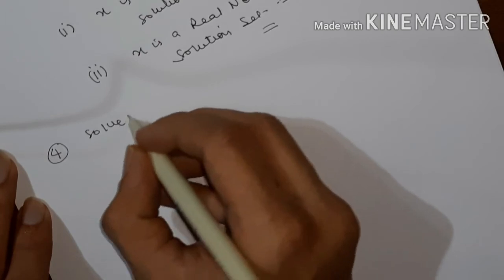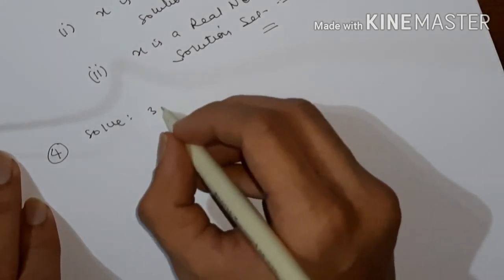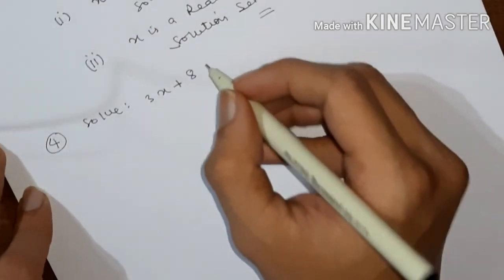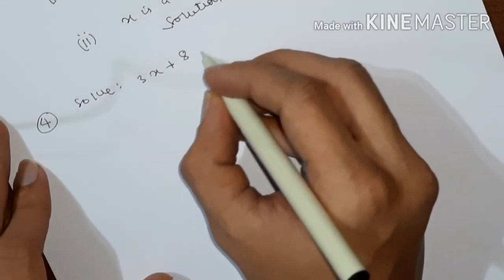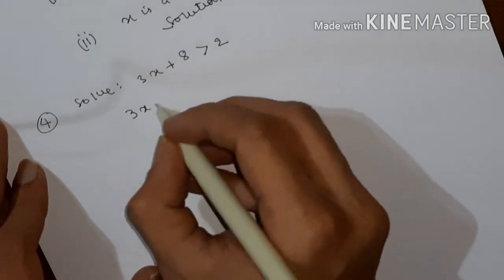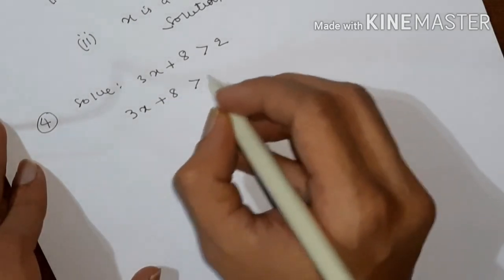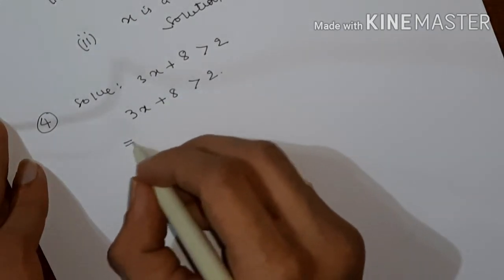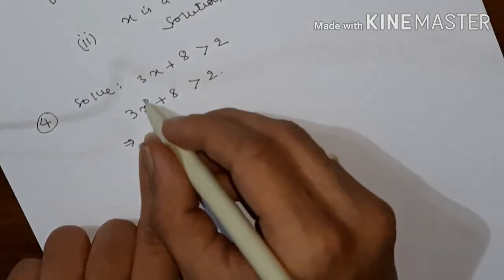So here what we have is, solve 3x plus 8 greater than 2. So you take what is given, 3x plus 8 greater than 2. We have to keep this x alone.